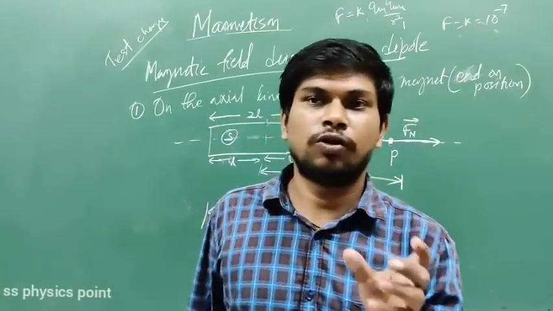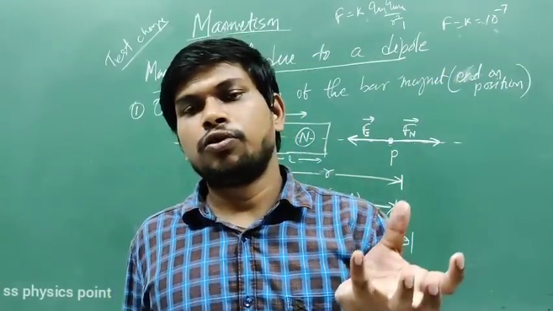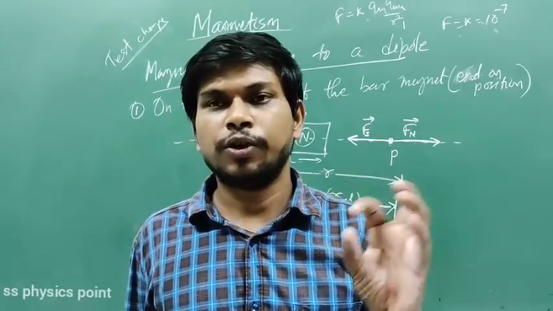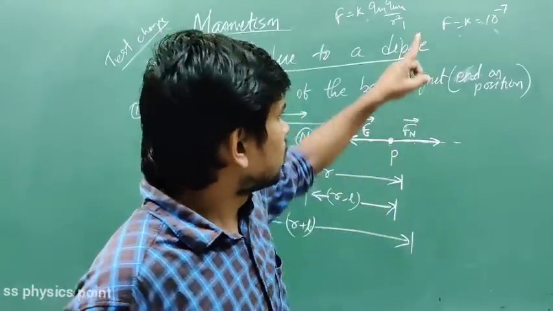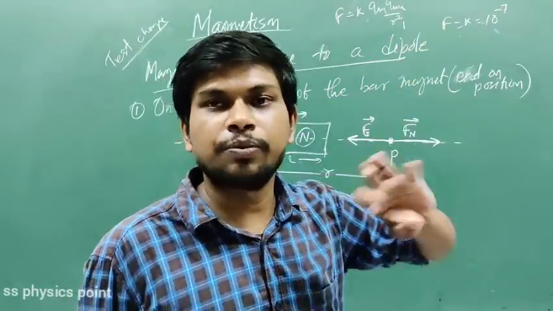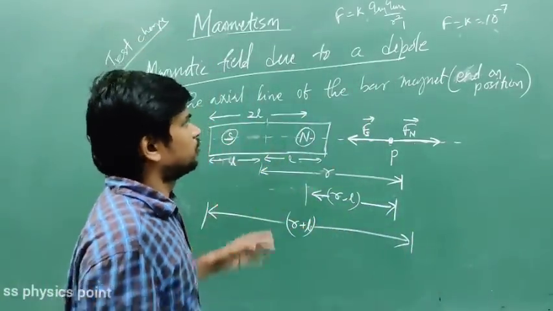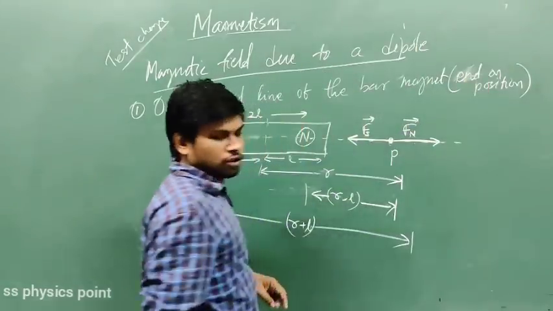A magnetic pole is of unit pole strength when the force between the two poles is 10 to the power -7 and the separation is 1 meter. In that case only. Don't be confused with that one, just forget, this is an assumption.